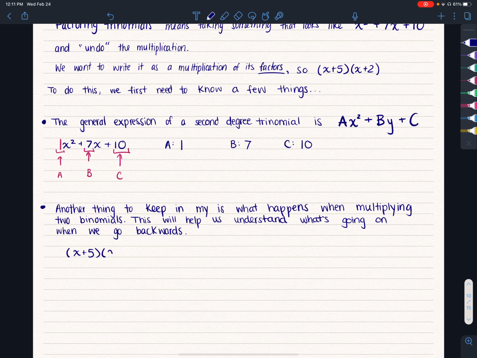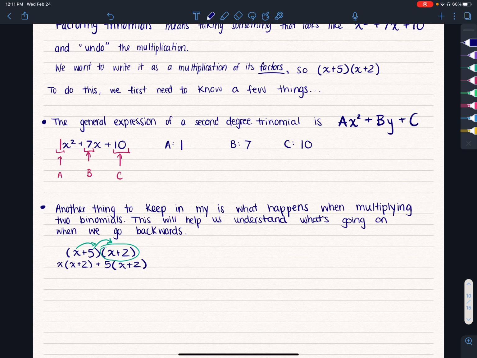So x plus 5 times x plus 2. I'm going the long way, not using the FOIL shortcut. I'm going to distribute the first term to the entire second bracket, and the second term to the entire second bracket. This will become x times x plus 2, plus 5 times x plus 2.